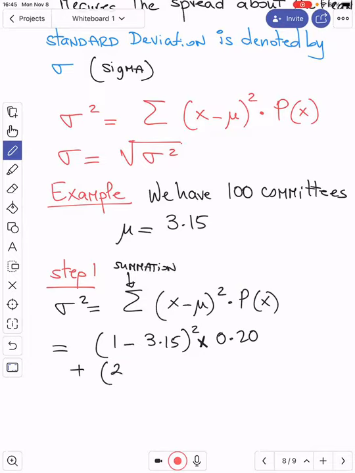So that'll be 2 minus 3.15 squared times the probability that x is equal to 2, that's 0.25. Next value of x is 3. So that will be 3 minus the mean, 3.15, the mean doesn't change, it's always the same, times the probability that x is equal to 3, I think it's 0.05.